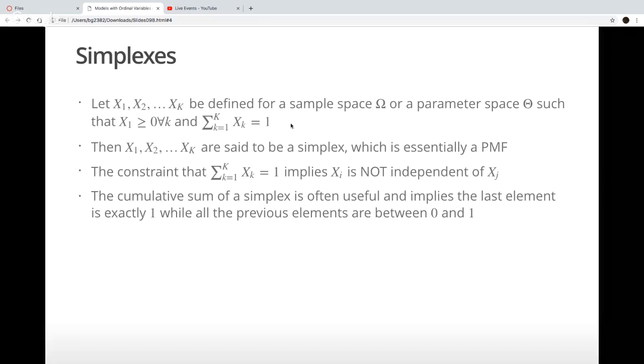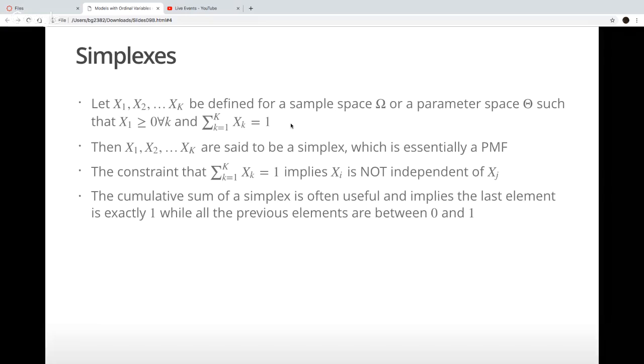You have to think about them jointly because of the rather strong form of dependence that is part of the definition. And simplexes are useful for a lot of things, one of which we'll see in the next couple of slides.